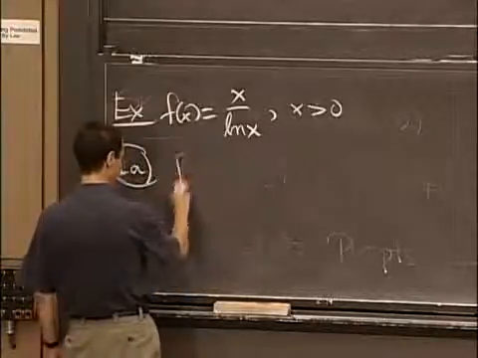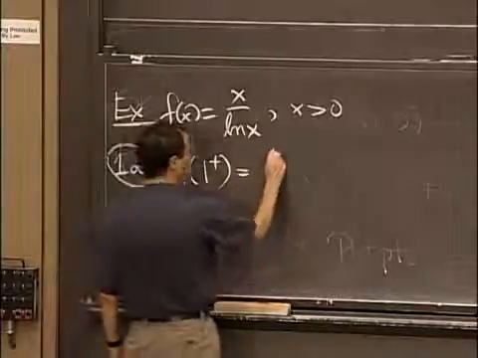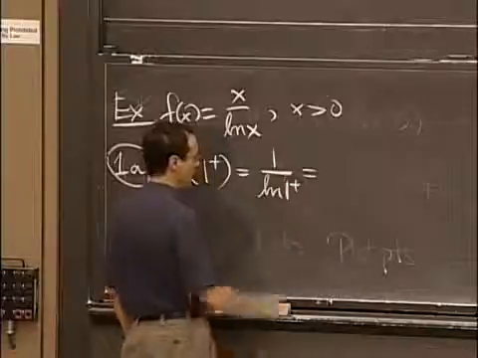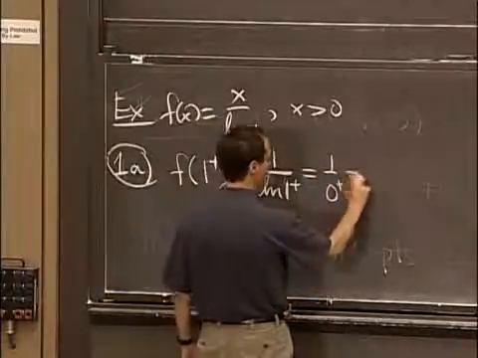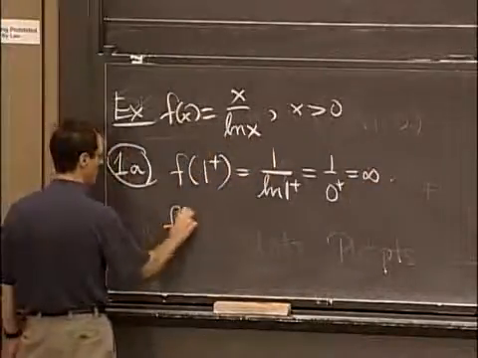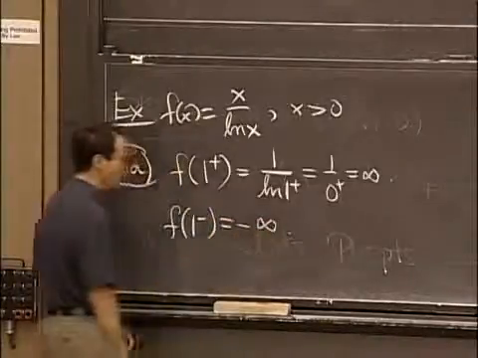So that's f of 1 plus, if you like. That's 1 divided by log of 1 plus, which is 1 over 0 with a little bit of positiveness to it, which is infinity. And second, we do it the other way, and not surprisingly, this comes out to be negative infinity.